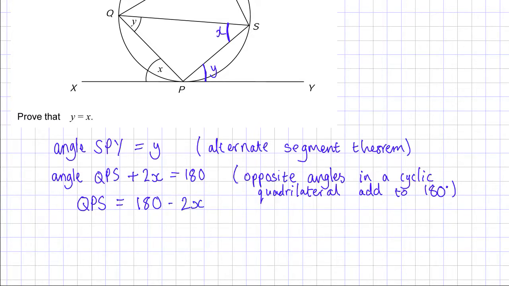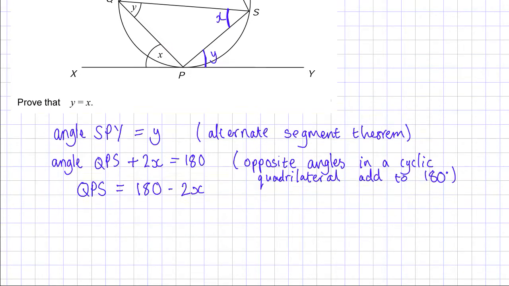Okay, now we said that we're going to make an equation and say that angles on a straight line add up to 180. So this angle and this angle should add up to 180. So let's write that down. I'm going to say x, angle QPS, and angle SPY should add up to 180. And the reason is angles on a straight line add up to 180.